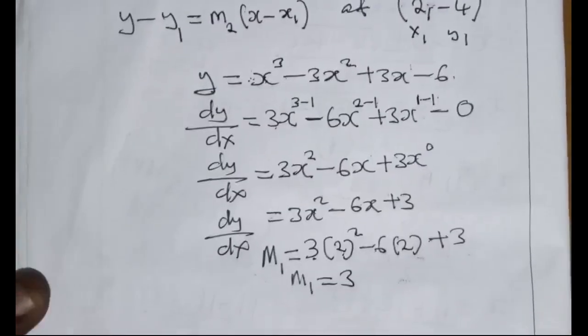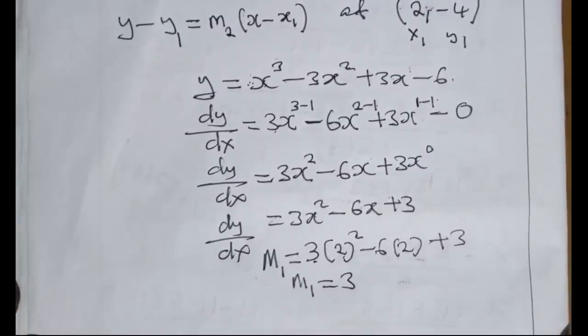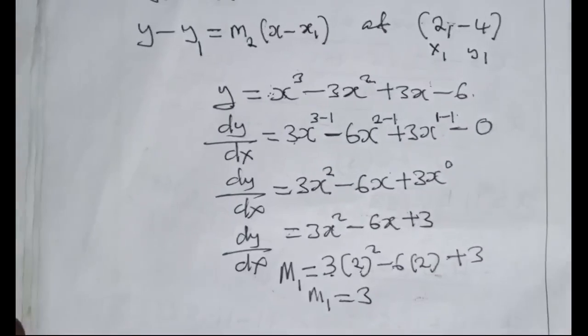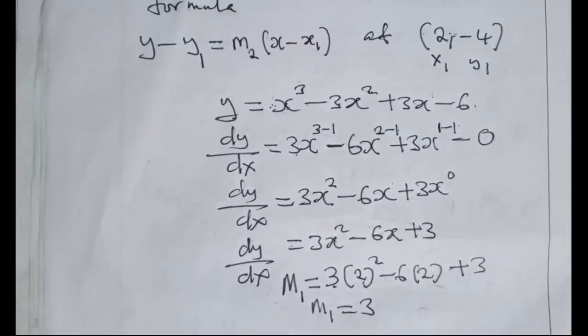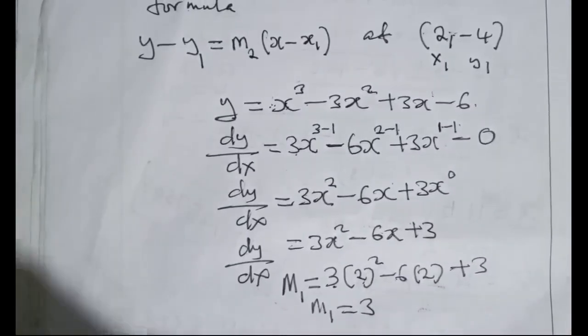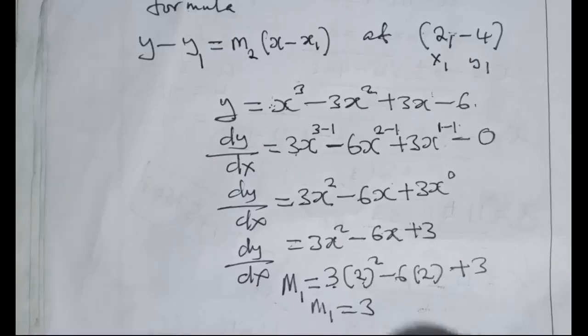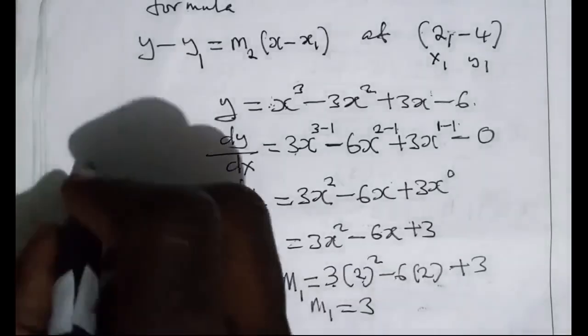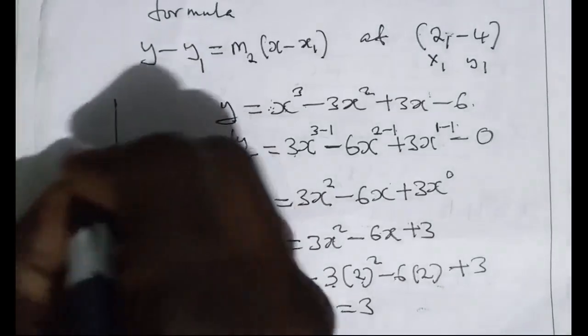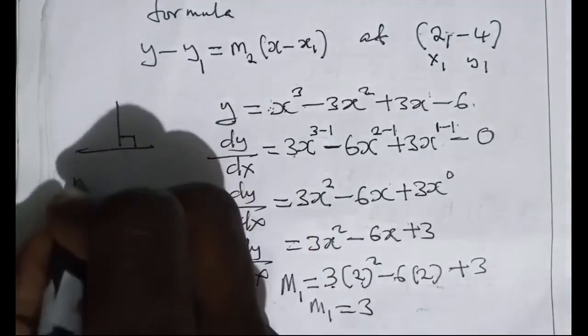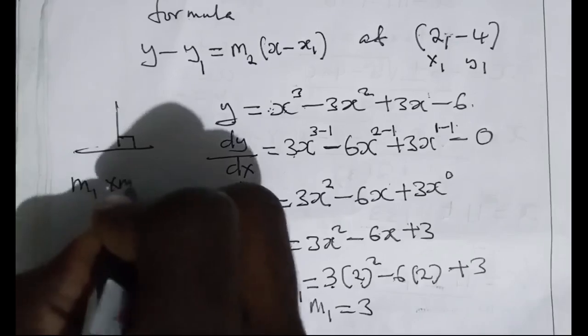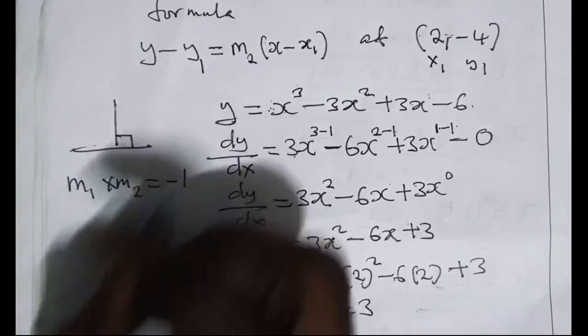So m1 is 3. For perpendicular lines, and the normal means the lines are perpendicular, we use the formula m1 times m2 equals negative 1.